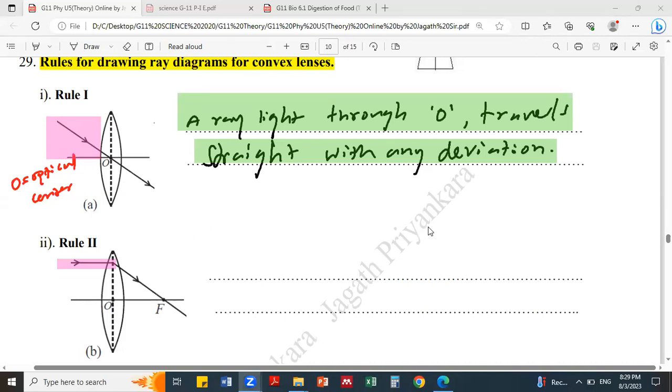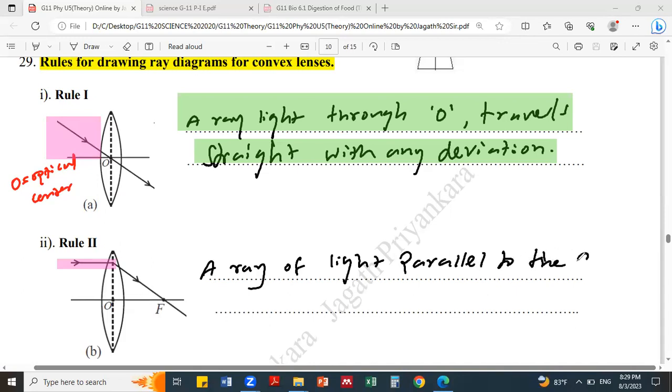A ray of light parallel to the principal axis is refracted through the focal point, or passes through the focal point after refraction.